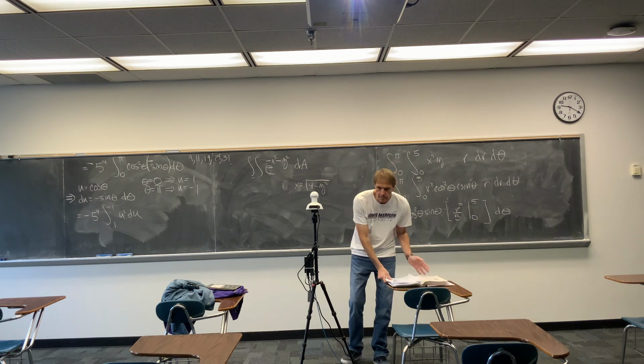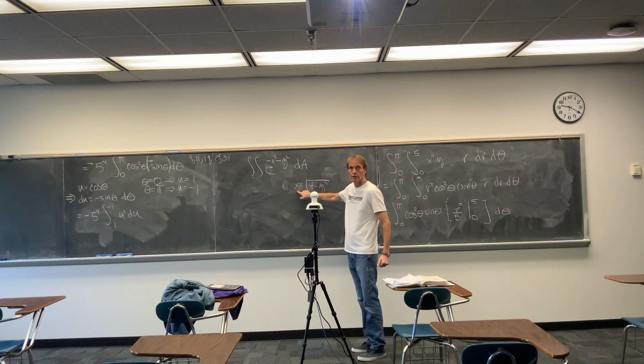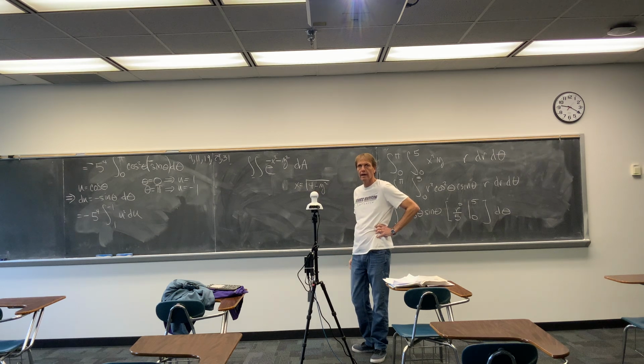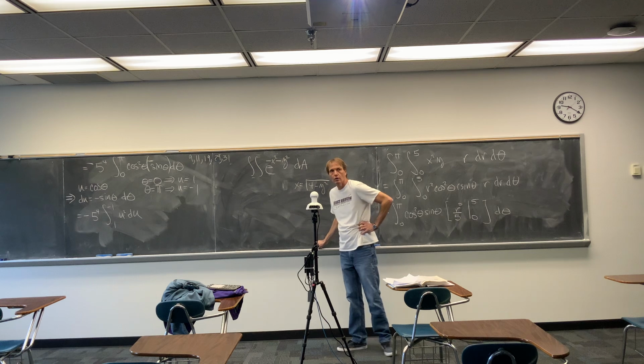So it's the region between the semicircle described by x equals the square root of 4 minus y squared and the y-axis.